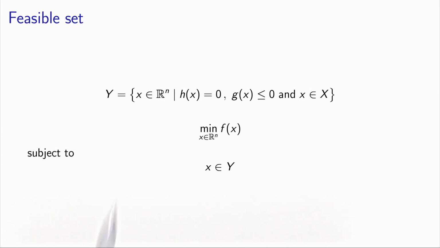So this is the set of x that verify the equality constraints, the inequality constraints, and x belongs to the convex set, capital X. So if we write it that way, the optimization problem becomes minimization of f of x subject to x belonging to set Y.